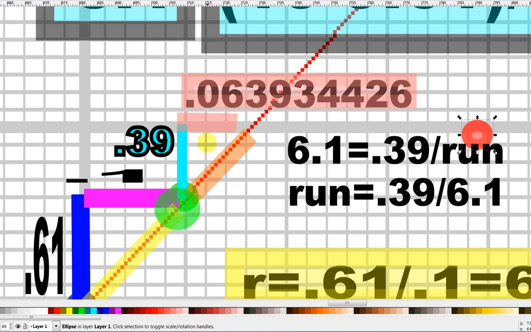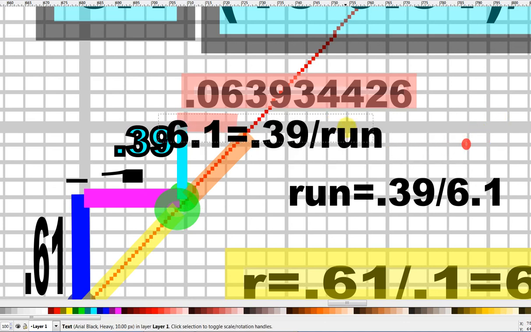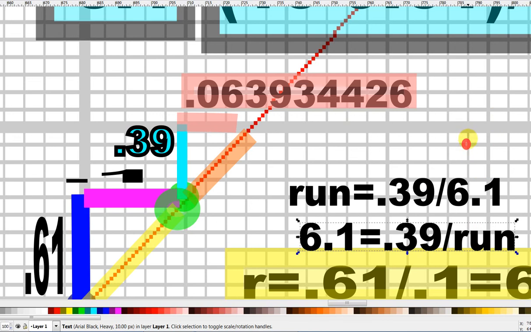So this is 0.2, 0.4, 0.6, 0.63, and 10. It's just so close to where the exact answer is that it's just impossible even to see the difference zooming into this graph.